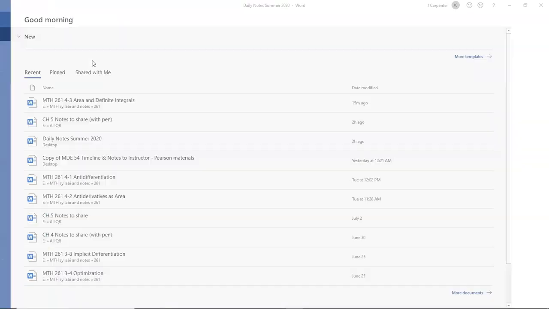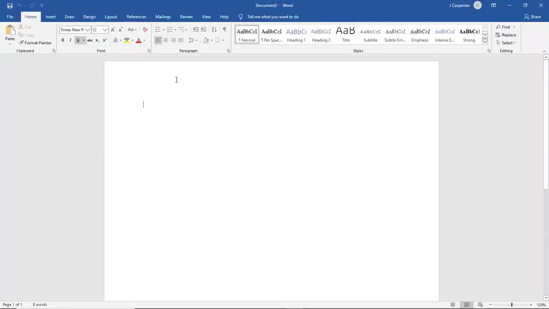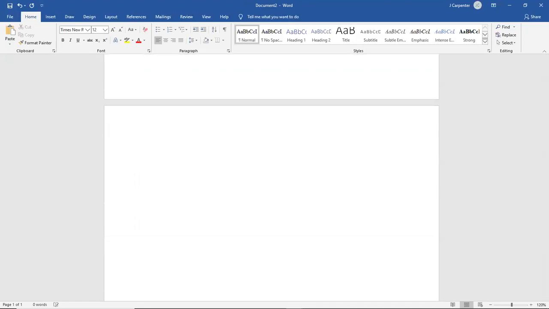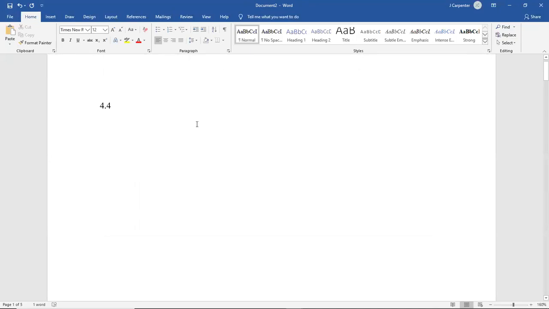We're into 4.4. Let me get myself lots of space. 4.4, and this is a really long title. Properties of definite integrals.